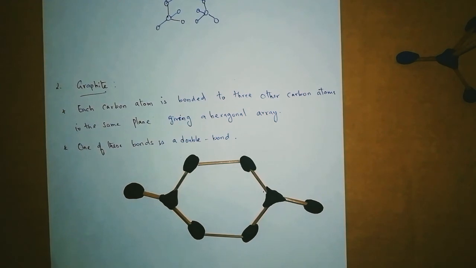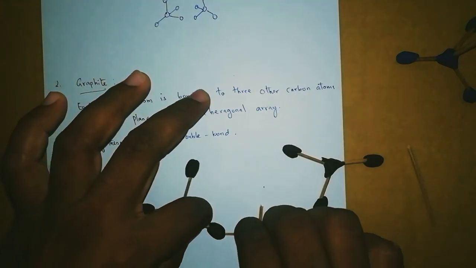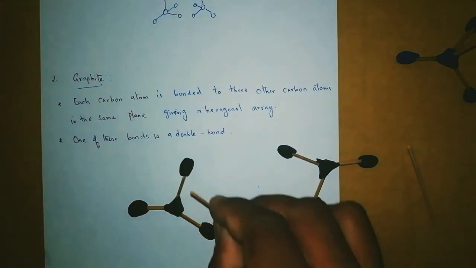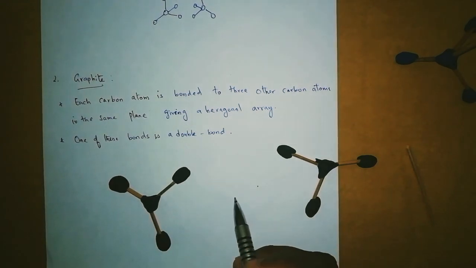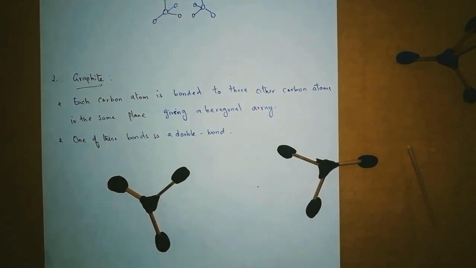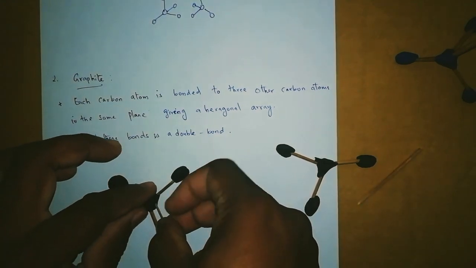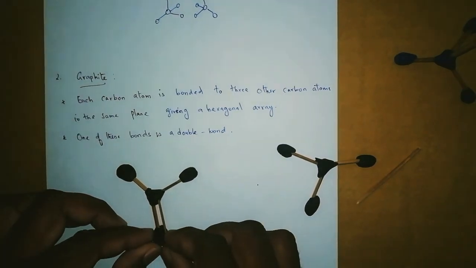And a very important thing: in that, if I take only this, one carbon atom combines with 3 carbon atoms, but this is not satisfying the valency, right? Carbon has a valency of 4. So here carbon has one here, one here, one here. So where is the other one? It is combining with a double bond actually. One of those carbons is combining with a double bond.